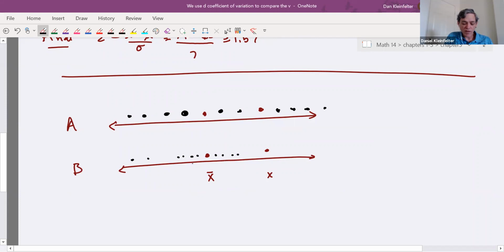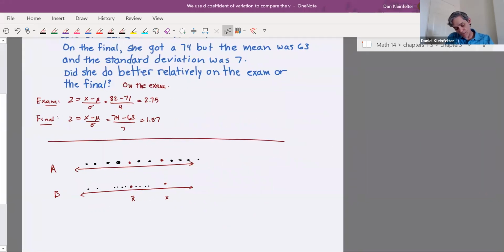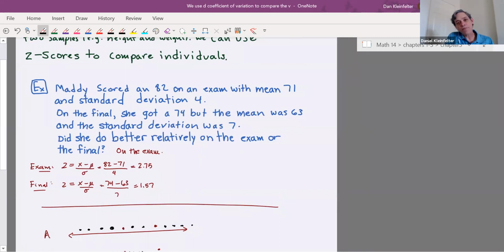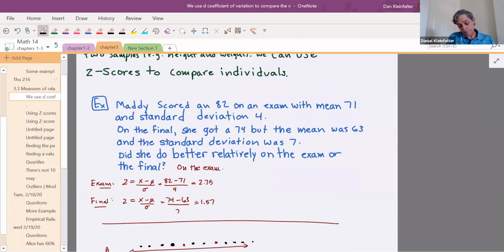It's just that if the values are really clustered together, then a large difference or deviation from the mean is going to be more meaningful than if the data values are kind of all spread out. Okay, so that's what we are seeing here in this case of Maddie and her exam and her final. Even though there was an 11-point difference between the two, the standard deviations were different.